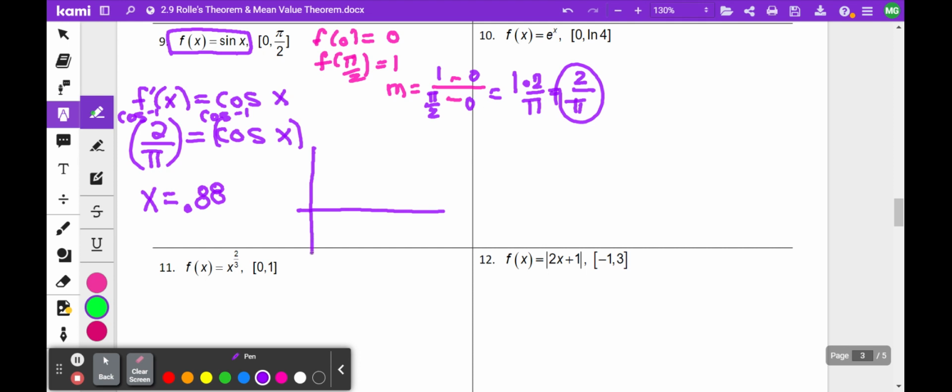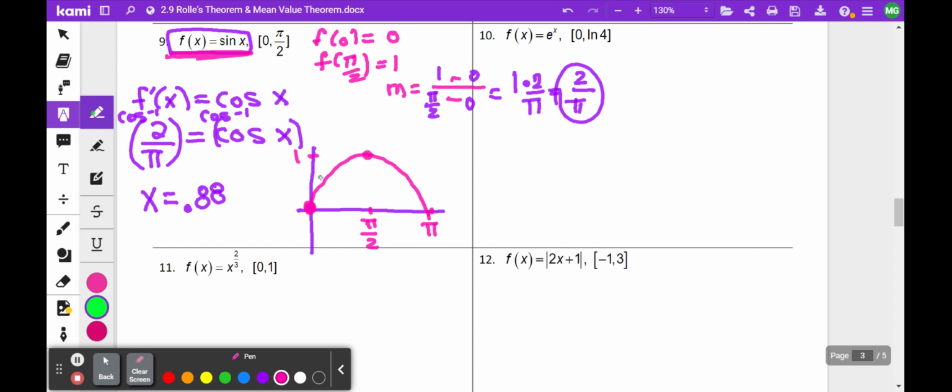So let's take a look at what this looks like. If we think about sine, let's look at our original function. It starts at 0, 0. At pi over 2, which is really the whole domain that we're looking at, it has a height of 1. So this is what our function would look like. Remember, then it would go down and up.